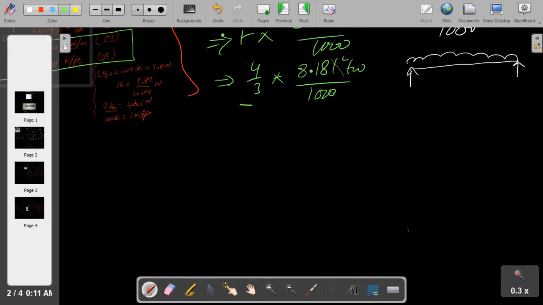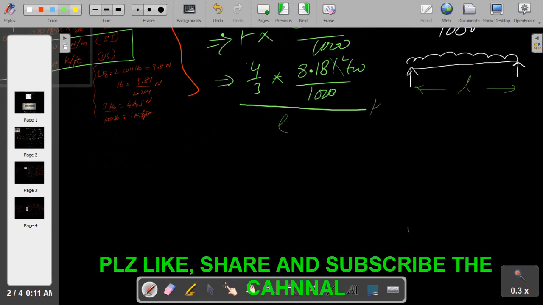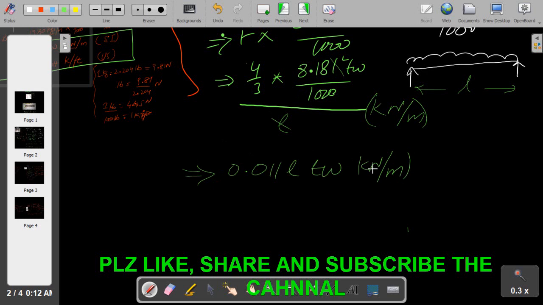Divide it by the length of the beam, that is L, to convert this into kilonewton per running meter. So L cancels with this L. So finally what we got here is 0.011 L into TW in kilonewton per meter.